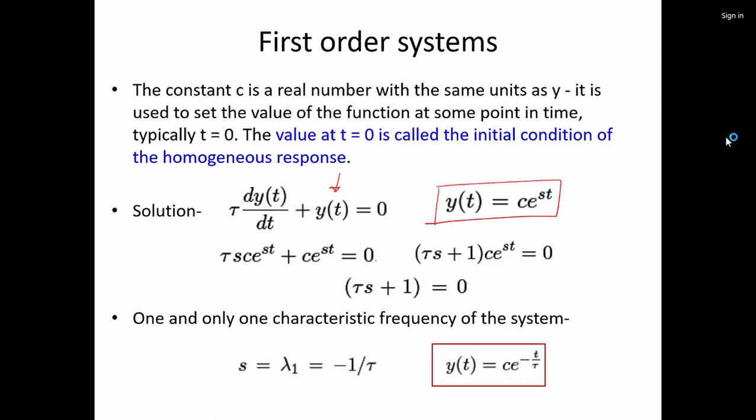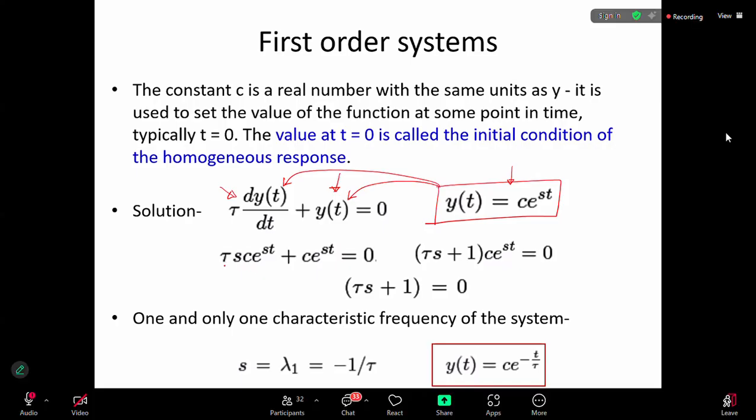Now, coming back to the first order equation. As I said, a first order equation will have this form that you see here. And a solution to this first order equation will have a form something like this: some constant times e to the power frequency times time. Now, if I substitute here, so this is tau.